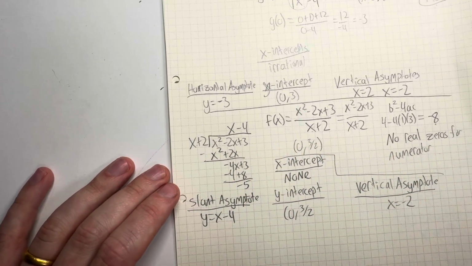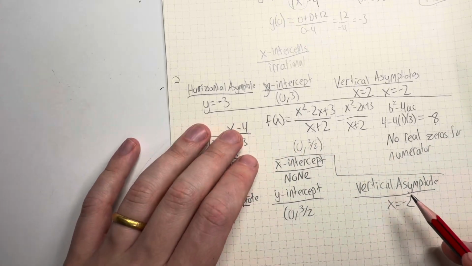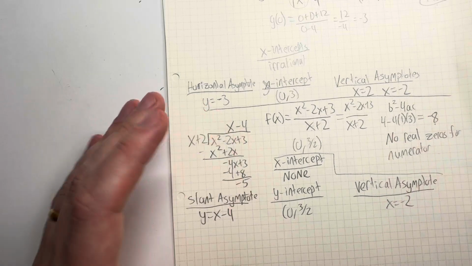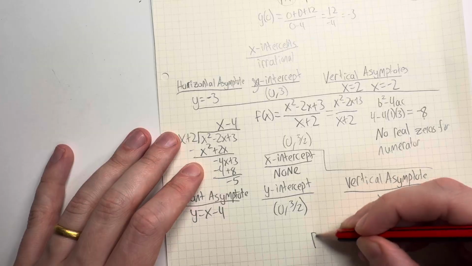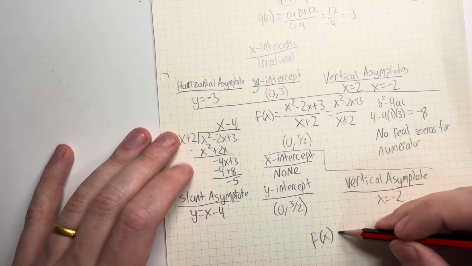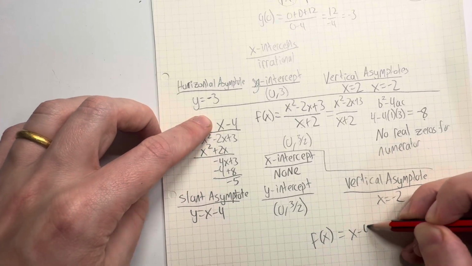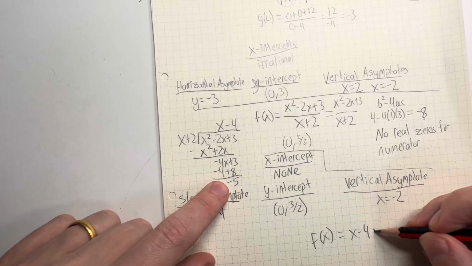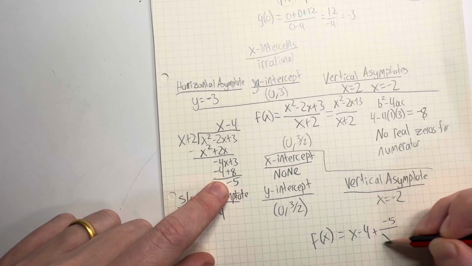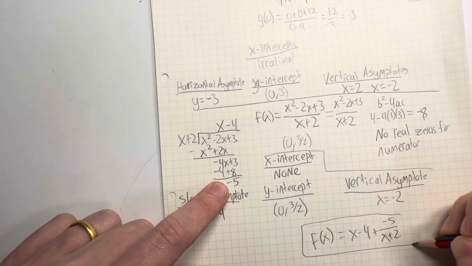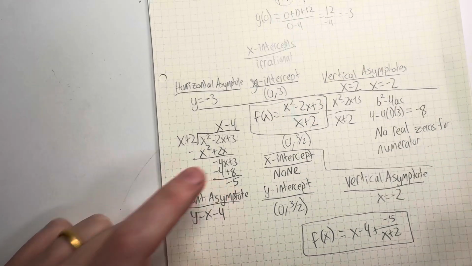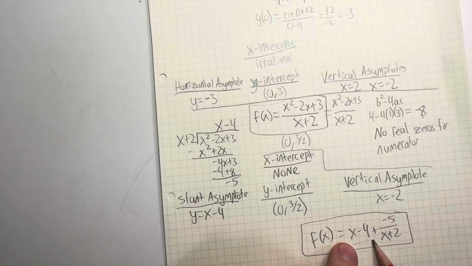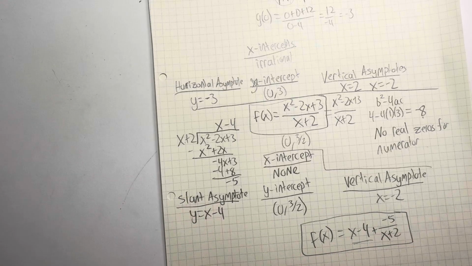By the way, I didn't write the fraction form here. What would the fraction form of this equation be? f of x is literally equal to x minus 4 minus 5 over x plus 2. This is equivalent to the original, which tells us that our slant asymptote is x minus 4.